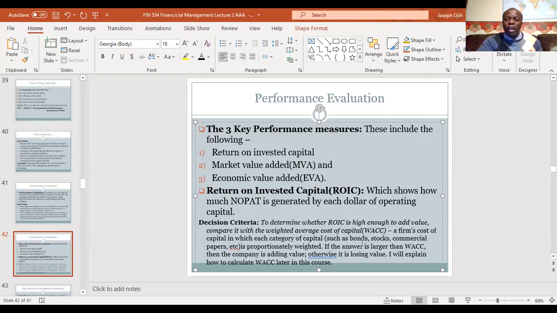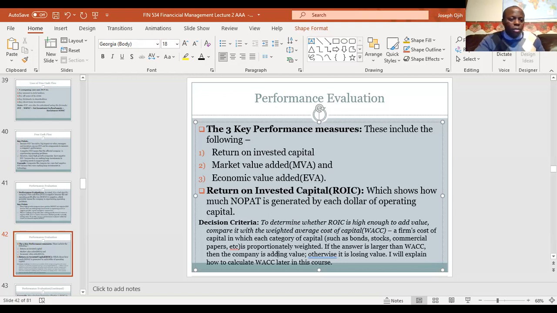If it is bigger, it means that the company is adding value, even though the cash flow is negative. If it is smaller, that means the company is not adding value, which implies that the negative cash flow actually indicates a real problem. So that will make you start digging more to see what is wrong, and see if you can bail out of the company or not put your money there.